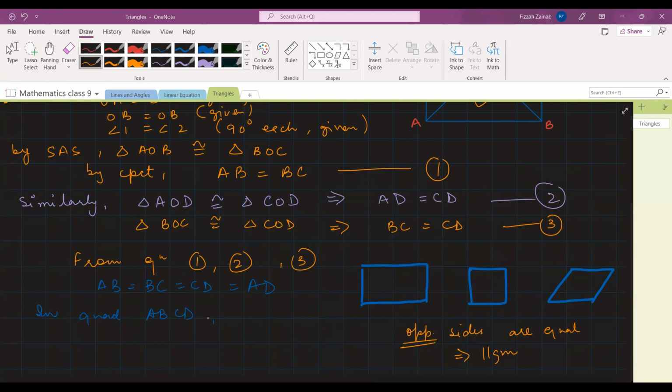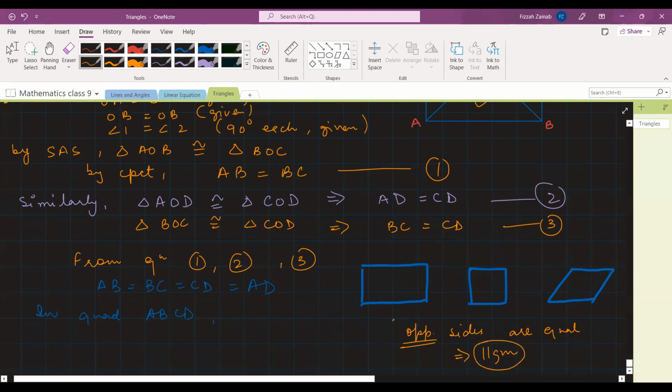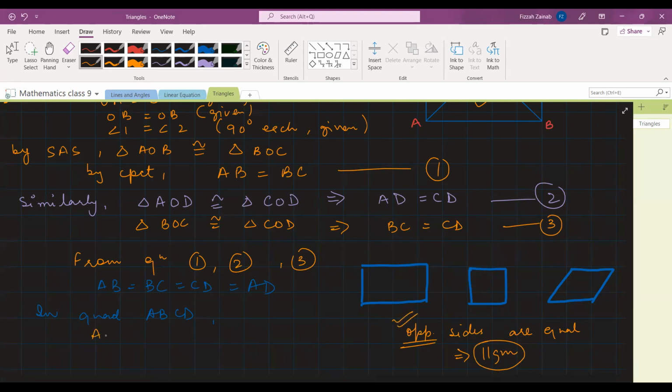So in quadrilateral ABCD, first of all, we have to show it's a parallelogram. So we have to show that opposite sides are equal. So we take the opposite sides: AB is equal to CD and BC is equal to AD, right? Opposite sides are equal.